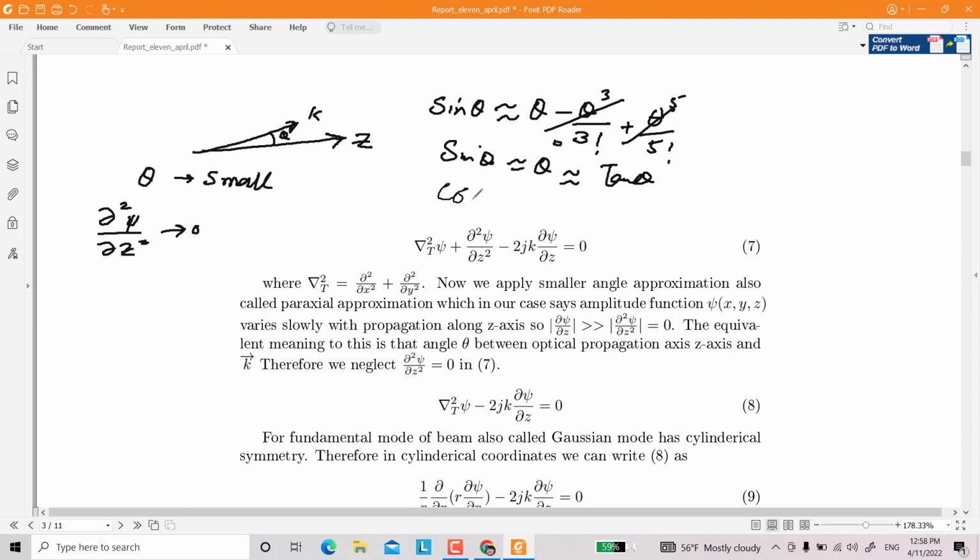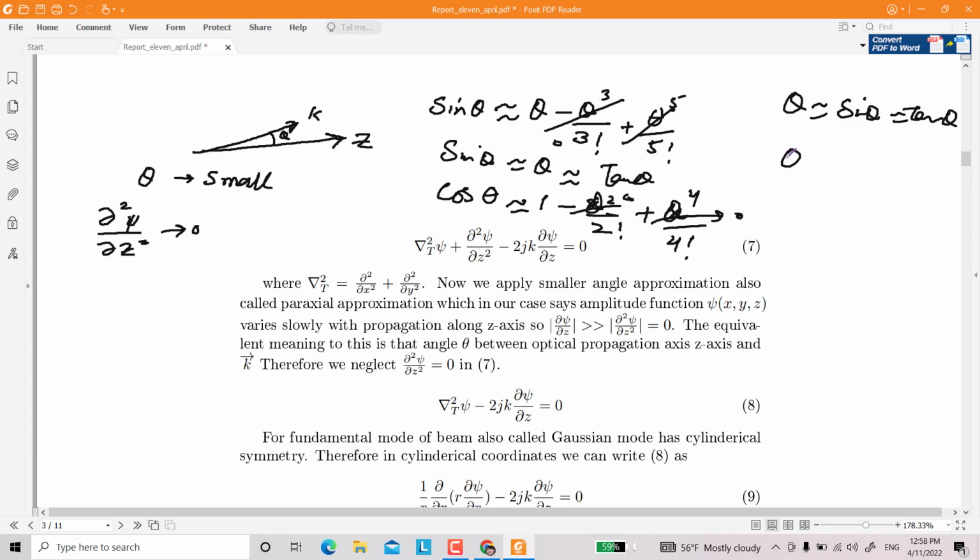And similarly, cos theta is obviously, as you know, 1 minus x squared over 2 factorial plus x to the fourth over 4 factorial, where x is theta here. So these terms are also negligible, and so we assume theta is approximately equal to sine theta is approximately equal to tan theta, which is equivalent to saying that cos theta is approximately equal to 1, right?